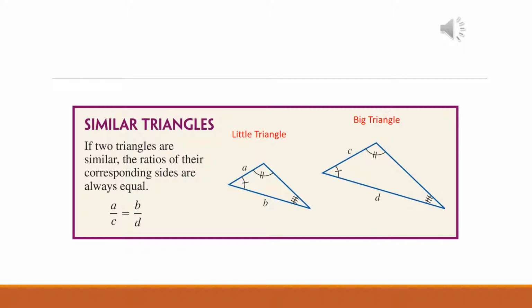The left side of the little triangle is A, the left side of the big triangle is C. So the fraction on the left is A over C, the left side of the little triangle divided by the left side of the big triangle. Now we're setting that ratio equal to another ratio. Here we have B over D, the bottom of the little triangle divided by the bottom of the big triangle.